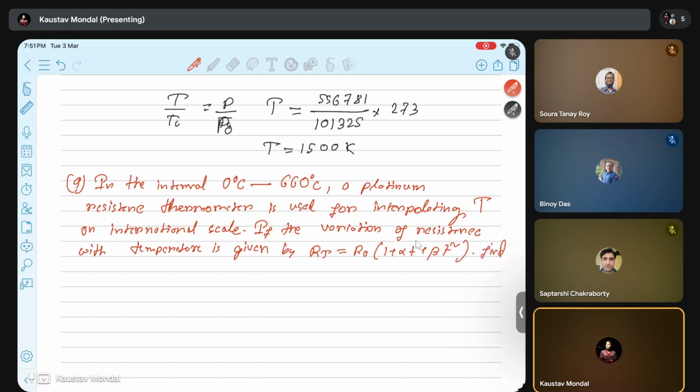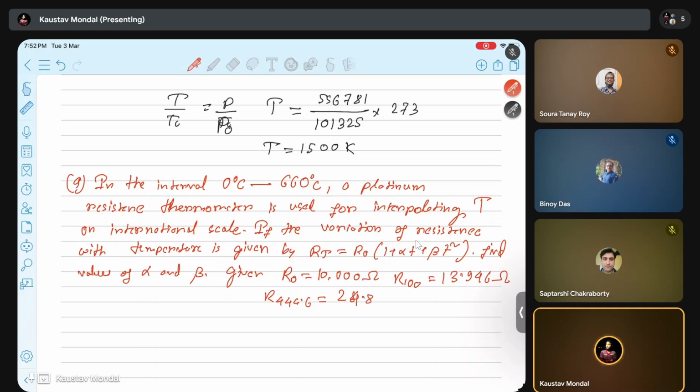Find the values of alpha and beta given R0 equal to 10.000 ohm and R100 is given by 13.946 ohm and R 444.6 is 24.817 ohm.